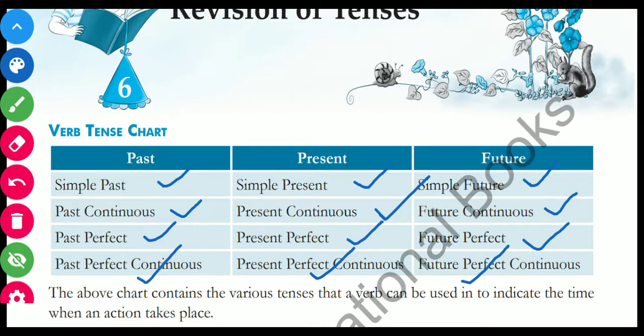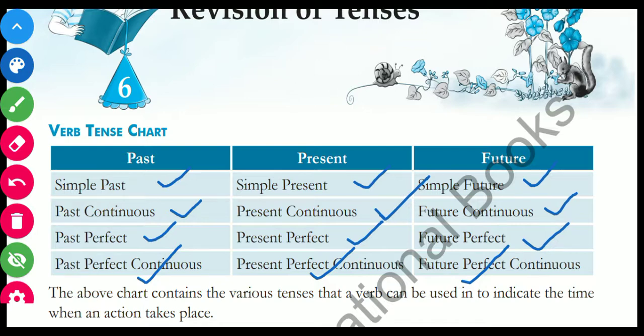Just to be aware, these three tenses, past, present and future, have each been divided into 4 parts. So 4 threes are 12. So you can say there are in all 12 kinds of tenses.